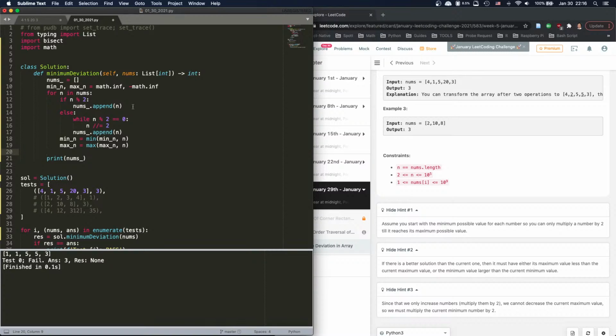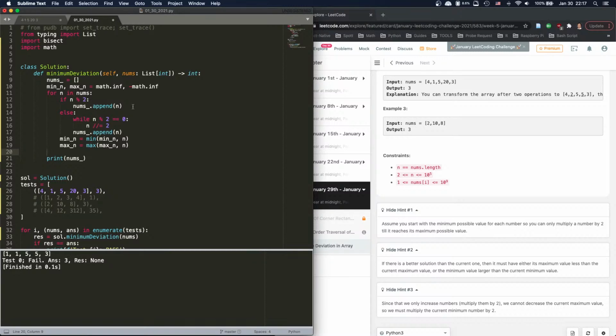Alright, and if there is any better solution than this, then the better solution's max value is a little smaller than the current solution's max value, or its mean value is larger than the current mean value. Right?